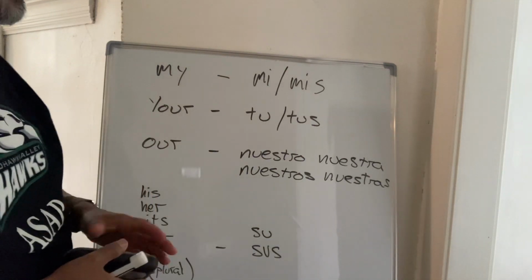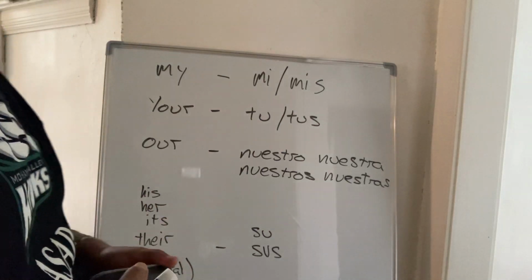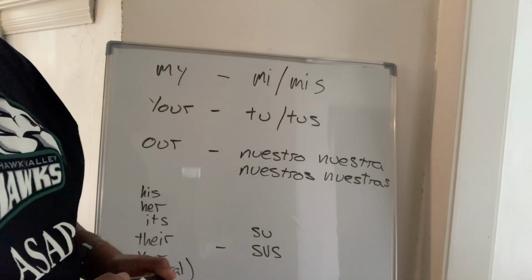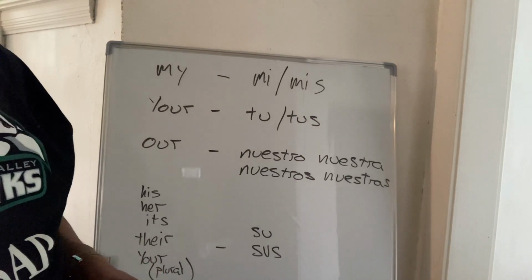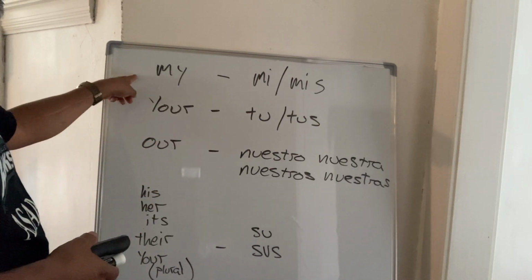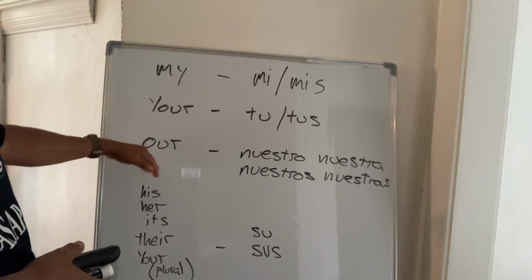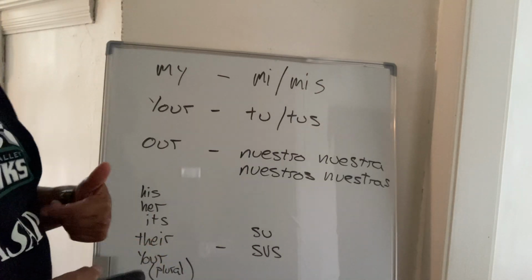Number one, and this is the bulk of the lesson, at least in your textbook, we use what are called possessive adjectives. Okay, so what is a possessive adjective? Well, in English, it's words like my and your and our, his and her, things like that.